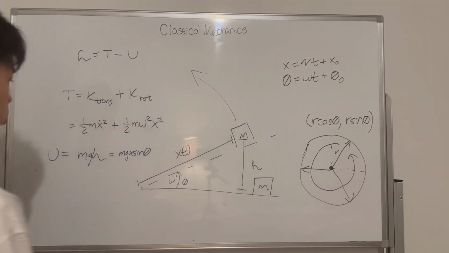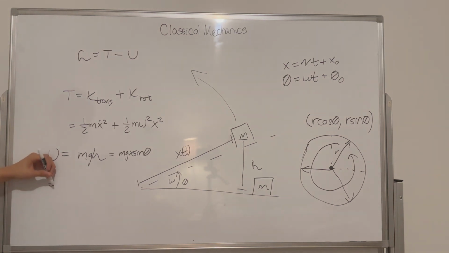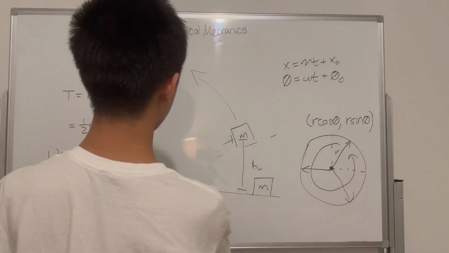So since there's no initial position for theta, since it's on a horizontal ramp initially, we would get mgx sine omega t. So then our Lagrangian, which now I can just get rid of this because we can figure everything out.